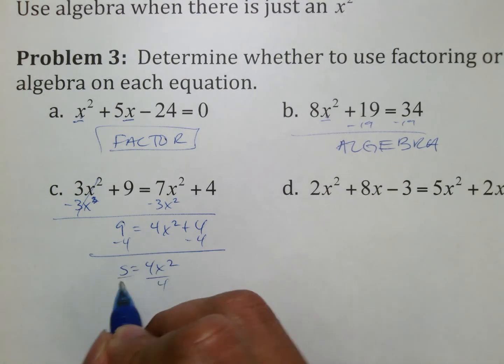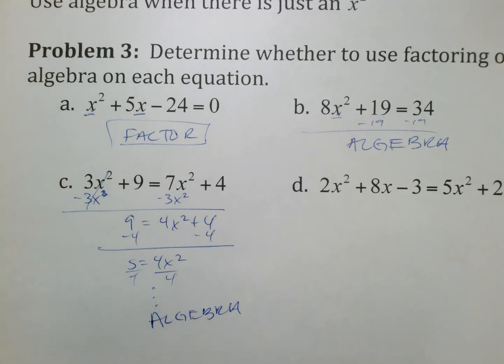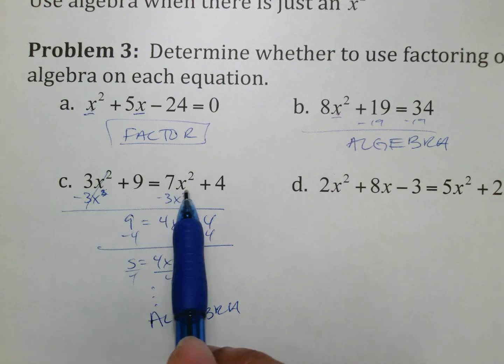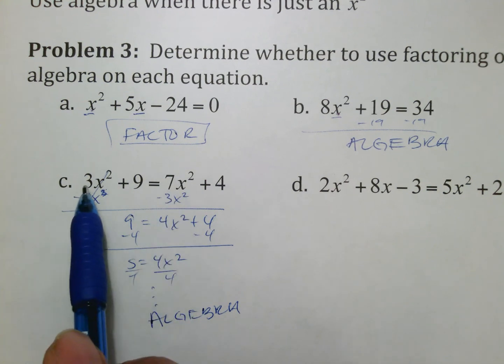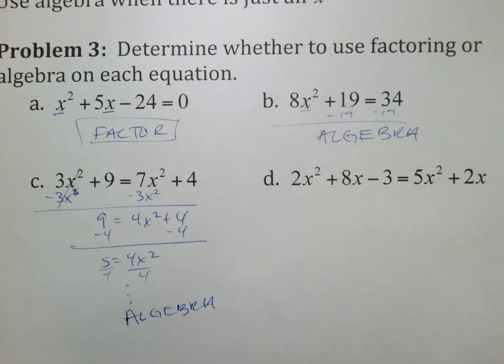From there you divide by 4 and you continue going on. Again, this would be done by algebra. Because you only have an x squared and an x squared, you can combine your x squared using algebra, but you cannot do anything if any one of these two things had an x on it.